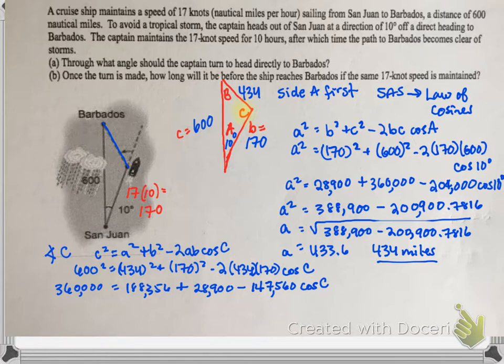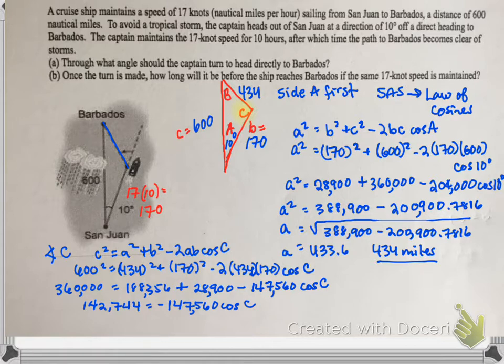Doing a little bit of math, so I'm going to let you work out that part. If you need to stop it, you can. But I'm going to get us down to 142,744 equals negative 147,560 cosine of C. Basically what I did was added the two numbers, subtracted them from both sides, right?